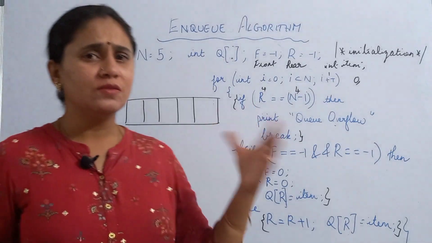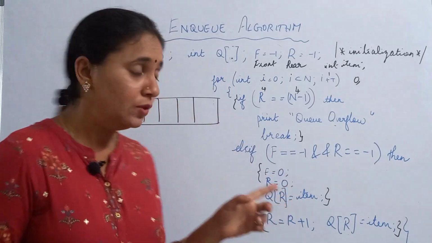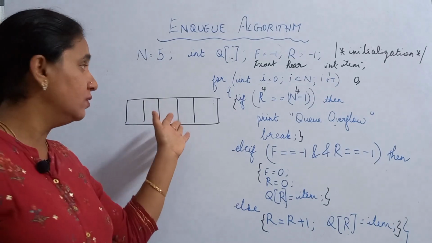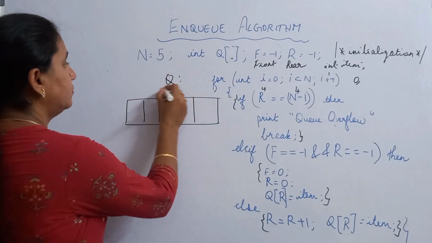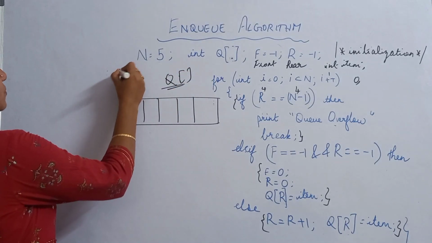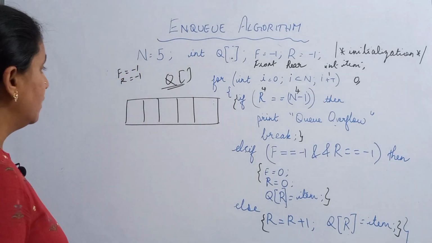So where are the front and rear pointers going to be? As I told in the last video, the front and rear pointers are going to be outside of the data structure. So this is a queue data structure, and the front and rear pointers will be somewhere outside. So f is equal to minus 1 and r is equal to minus 1, isn't it?